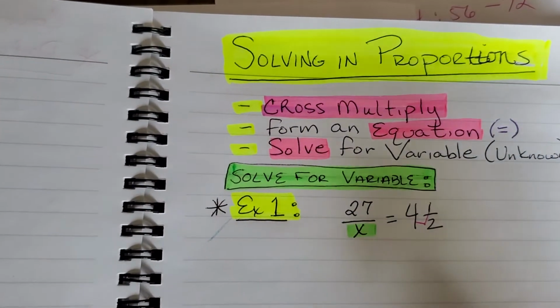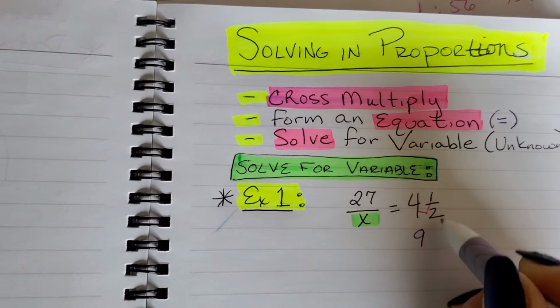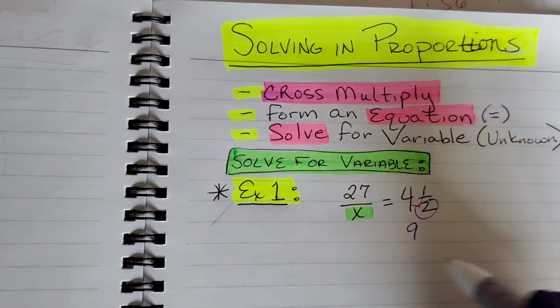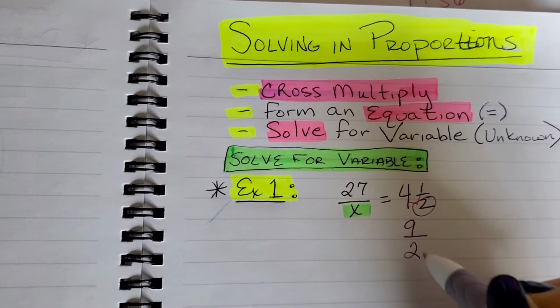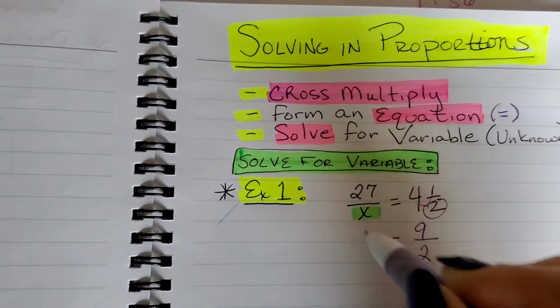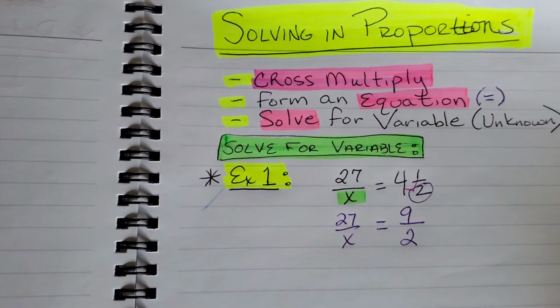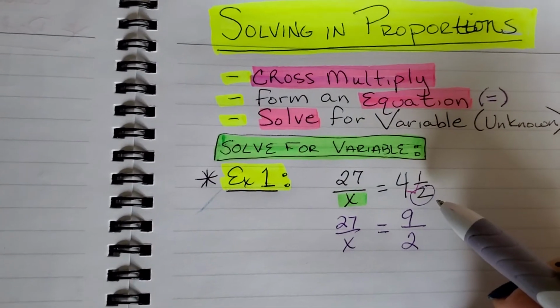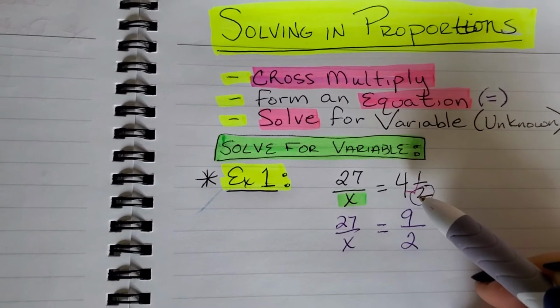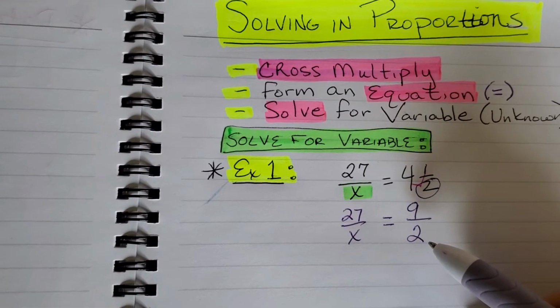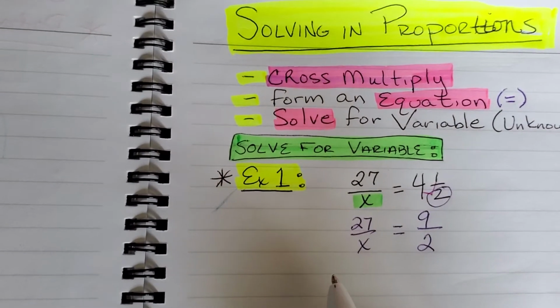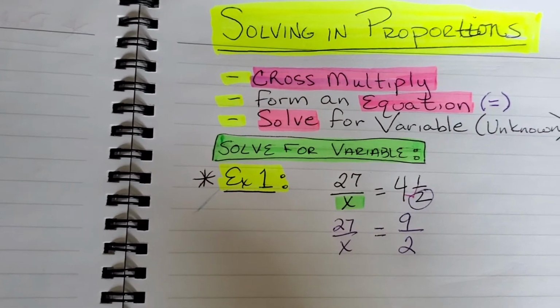So that becomes the numerator, 9. Now you see we have a denominator here already, so we keep that denominator. Now I'm going to bring down my equal sign. I'm going to bring down my 27, and I'm going to bring down my x, because notice I didn't do anything with those. The only thing I did in the first step was to change my mixed number into an improper fraction. So now I have a proportion.